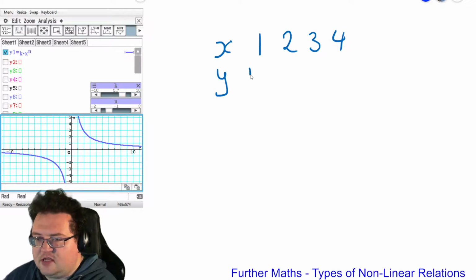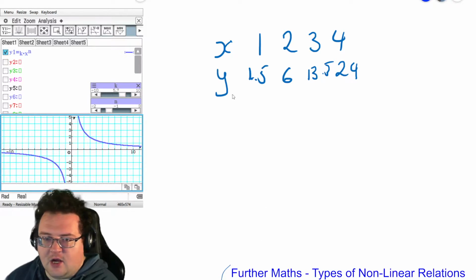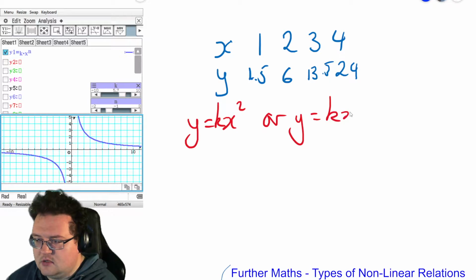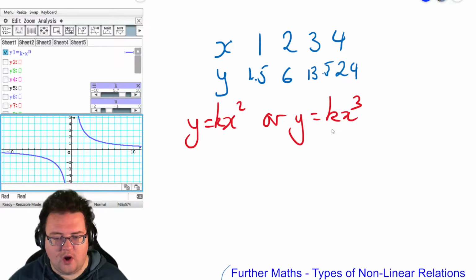And my Y values are 1.5, 6, 13.5, and 24. And I'm told that it is either Y equals kx squared or Y equals kx cubed. And my job is to figure out which one makes the most sense.